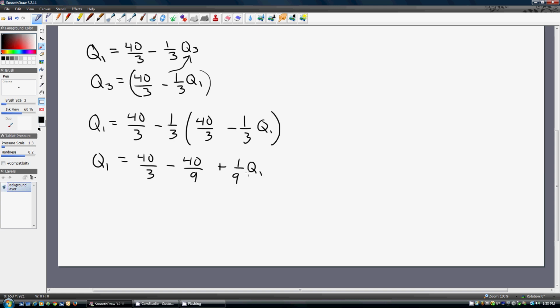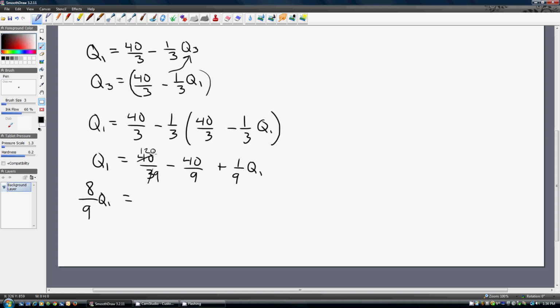And now we can solve this for the output of firm 1. We got one equation, one unknown. So subtracting 1/9 Q subscript 1 from both sides leaves us with that on the left-hand side. This right here, let's see, this is really 120 over 9.